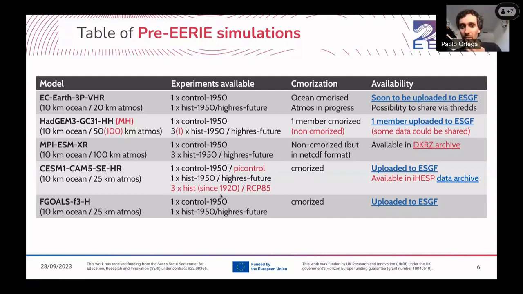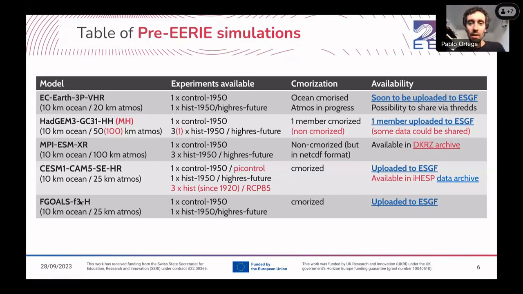They have different types of simulations, not all of them available through the ESGF nodes, but at least the three ones from HighResMIP you can find. And FGOALS-f3-H, it's true, that also has everything available. So at the moment, we're going to concentrate on this and this one, because it's what we can access today.